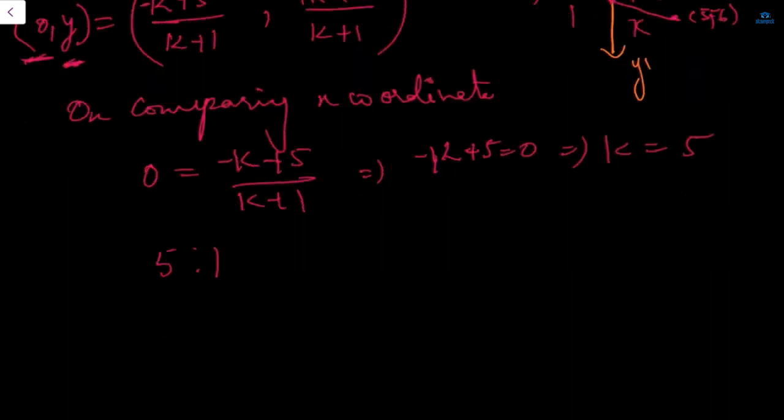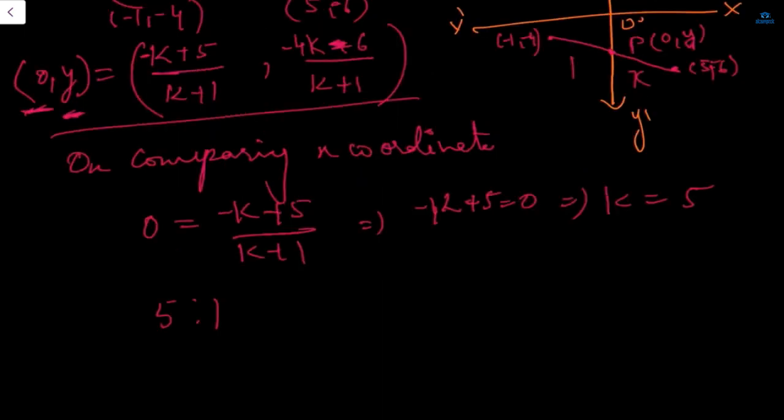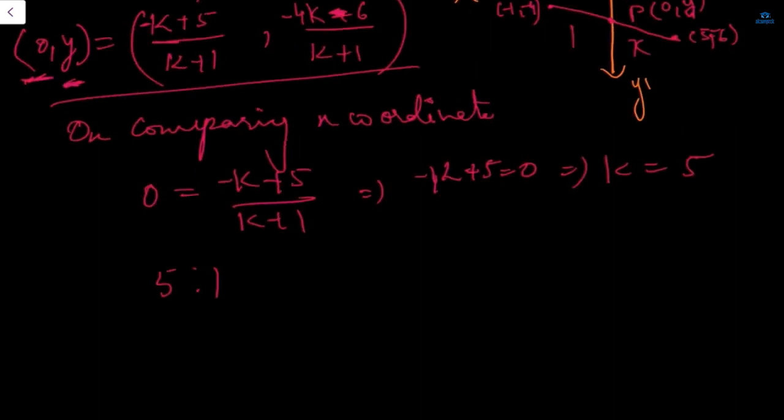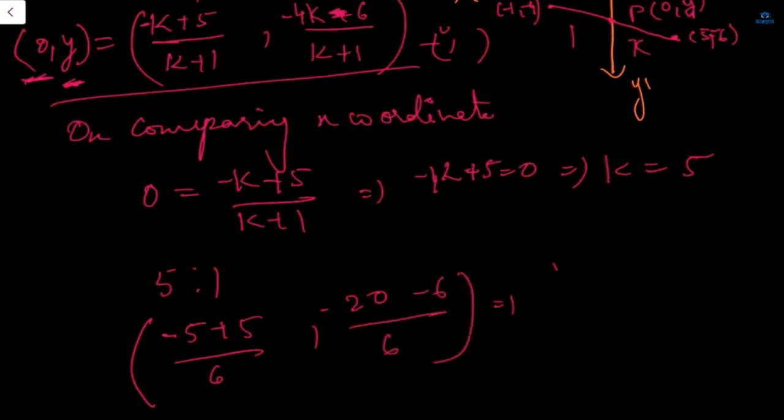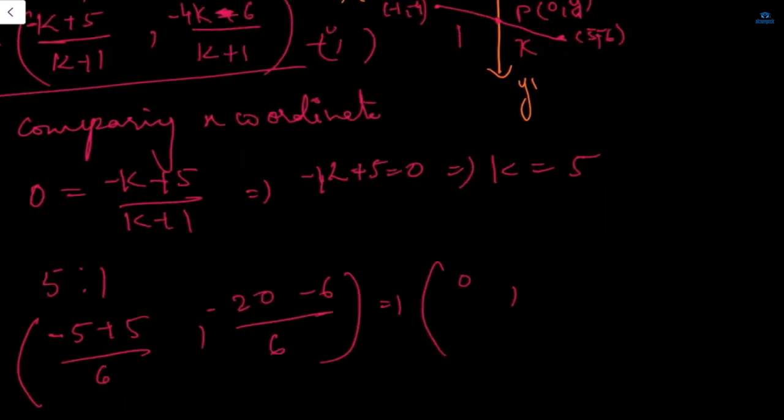Now we are going to put the value of k in this equation and then find y. If you put the value of k in the first equation, it will be minus 5 plus 5 upon k plus 1, which is 6, comma 5 fours are 20 minus 6 upon 6, which implies that it will be 0, comma minus 26 upon 6.